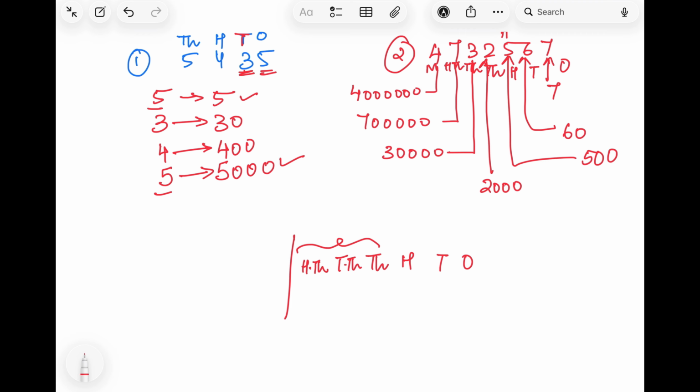Then in the international number system I'm talking about, it goes to million, 10 million, 100 million, then billion, and similarly 10 billion, 100 billion. So in the international system we make groups of 3 digits. These are the place values of numbers without the decimal point.